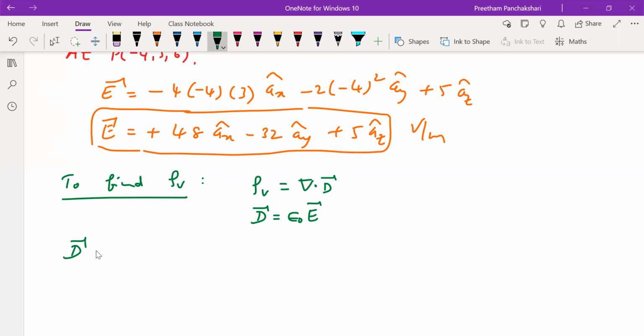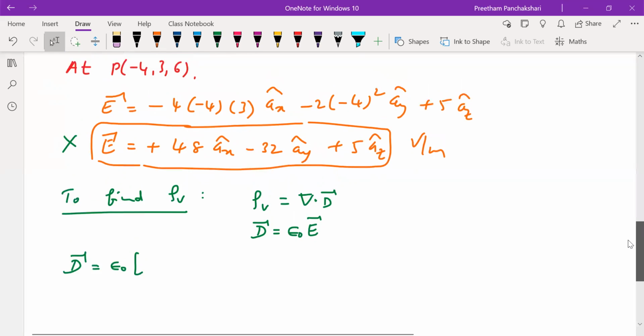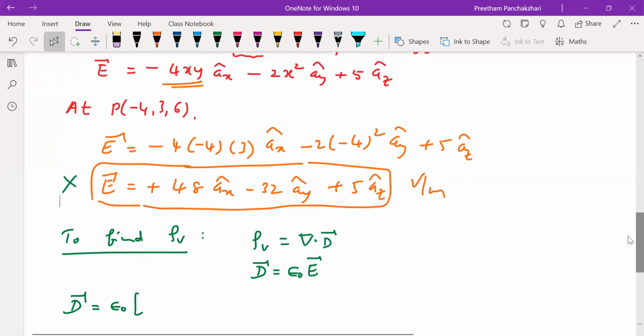So we shall go for D equal to epsilon naught into. We should not use this equation of E, this is the equation of E at a specific point. So we want electric flux density field. That's why we use the electric field equation, this one.